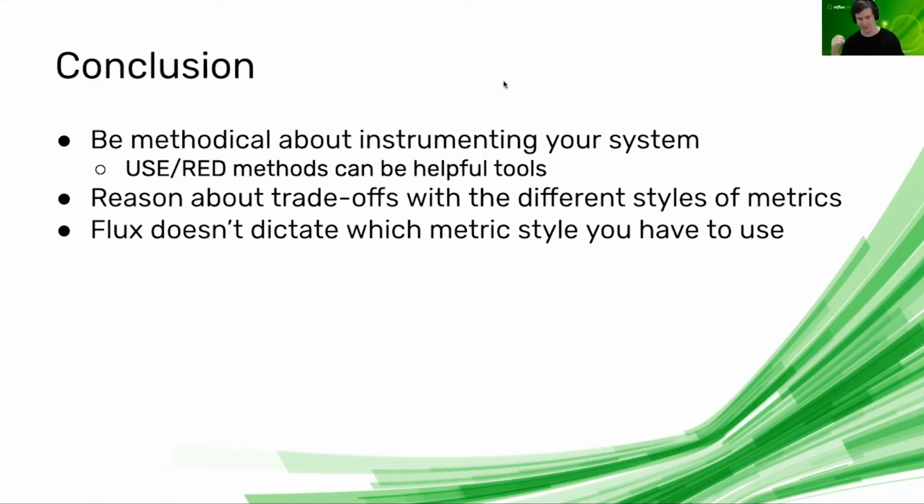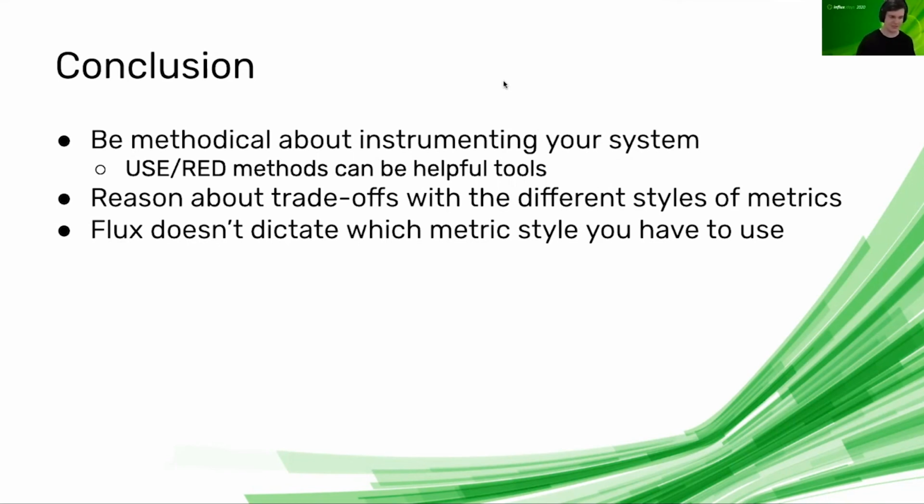You always want to reason about trade-offs of different styles of metrics and find exactly what works for you or fits your particular use case. The thing I think is really compelling is that in a lot of other query languages, you don't get the flexibility to make this decision about which metric style you want to use.